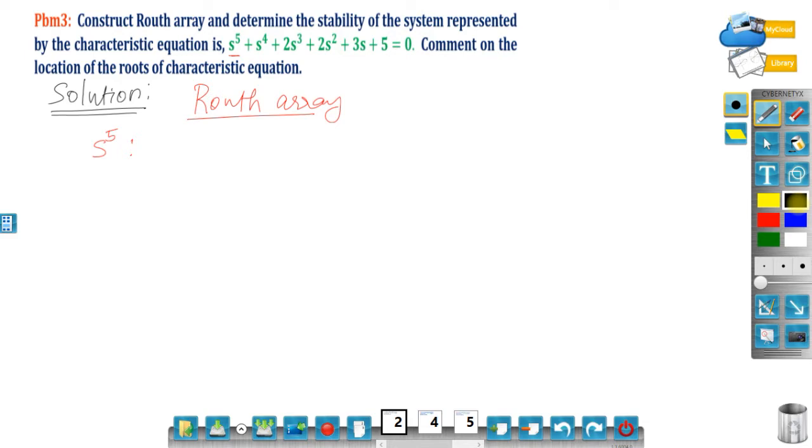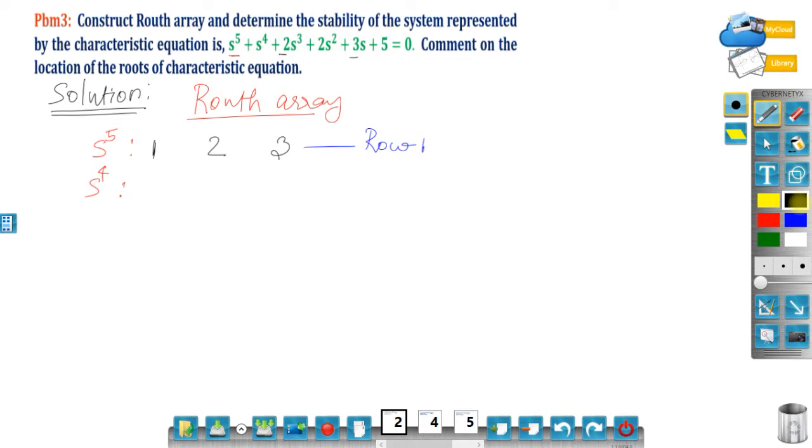The coefficient of s power 5 is 1, s power 3 is 2, and s power 1 is 3. So 1, 2, 3 is what row 1 consists of.